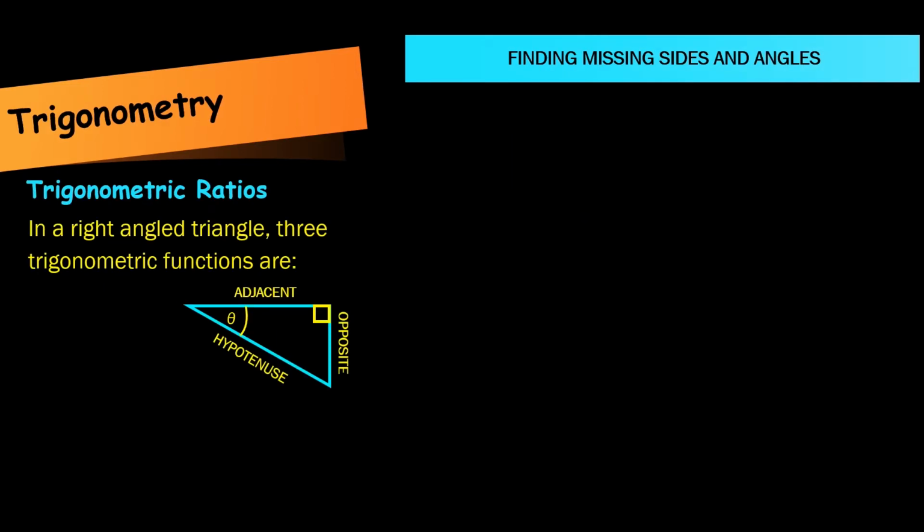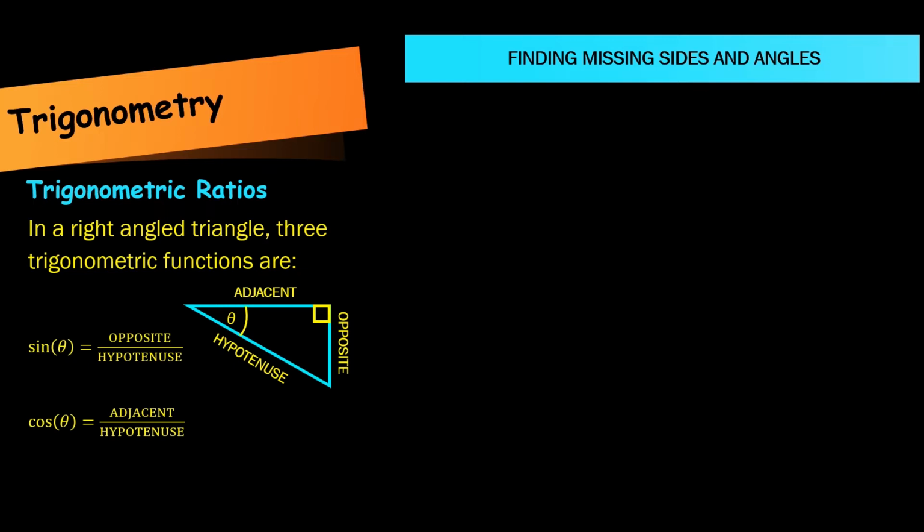Before we consider exercise 1, let's have a look at some trigonometric ratios. In a right-angled triangle, three trigonometric functions are sine theta equals opposite over hypotenuse, where the opposite is the length of the side opposite the angle theta, and the hypotenuse is the length of the side opposite the right angle.